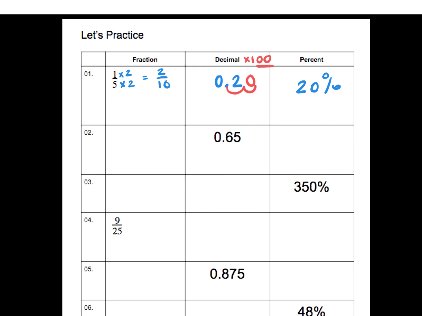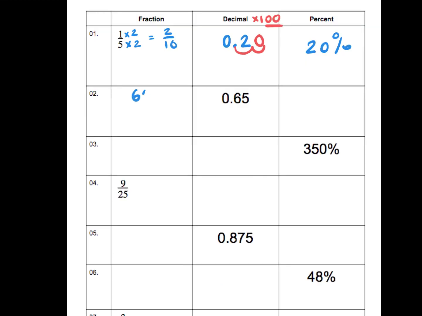Okay, let's look at the next. Yep, this would be 65 over 100. We write it just how we read it, and the percent. 0.65. That's the decimal. Yeah, 65. We multiply it by 100, 65%, good. Okay, 350%, perfect.